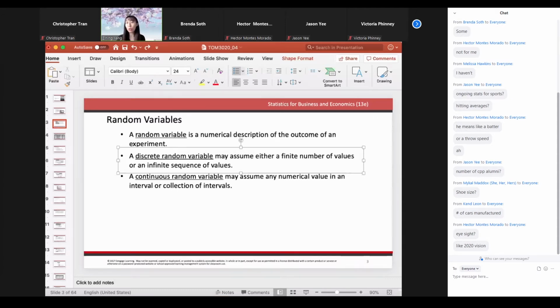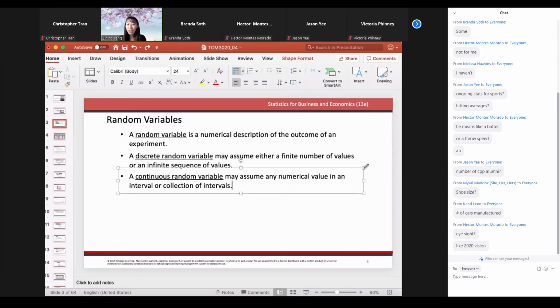So usually, if it gets to how many, if you have to count something, it is a discrete random variable. And a lot of times, if you have a standardized scale that's created by humans, like shoe size, like eyesight, those human-created scales, a lot of those are also discrete. So we have those types of variables.